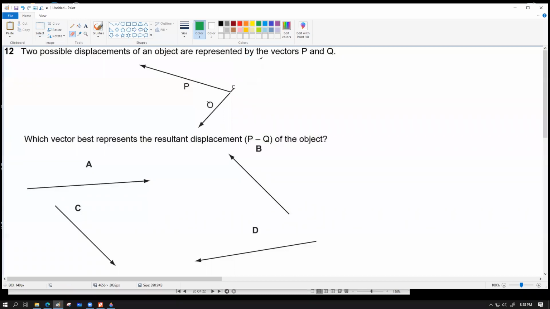So I just reverse the direction, and in Paint, I can easily do this by double flipping it. So this will be minus q. Now you can simply find out the result of this figure. So draw the parallelogram and find out the resultant. D is your correct response.